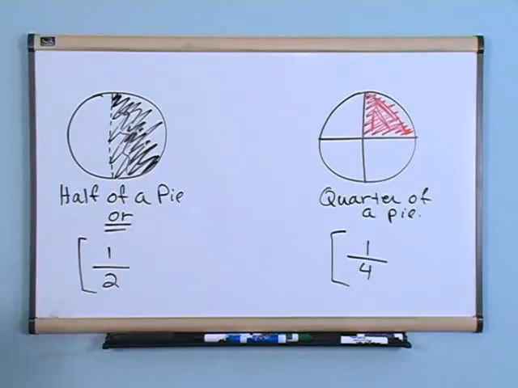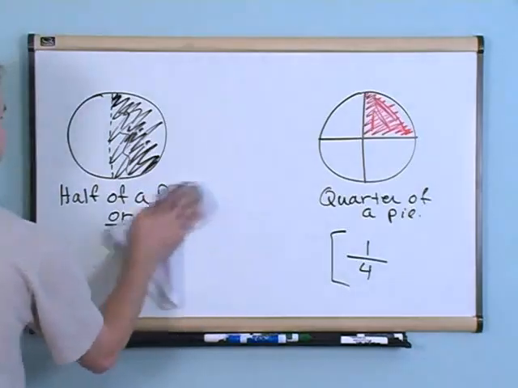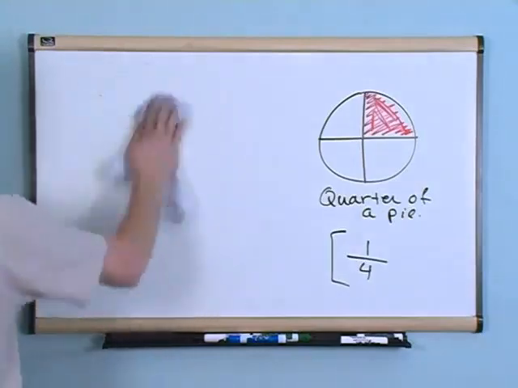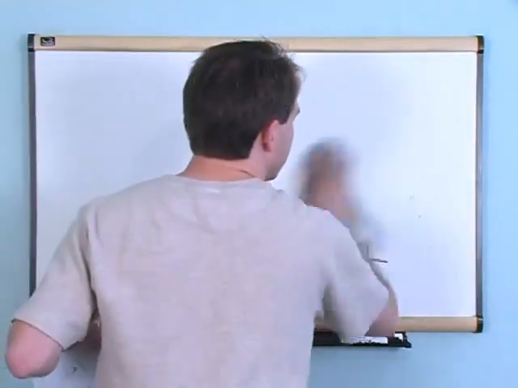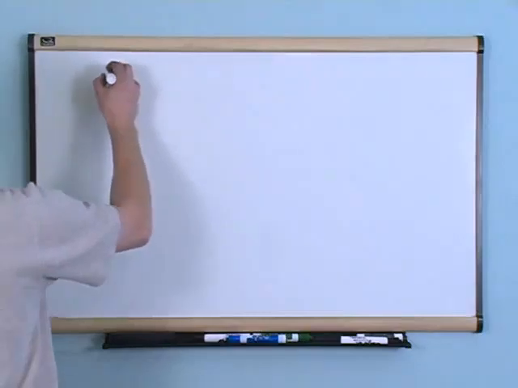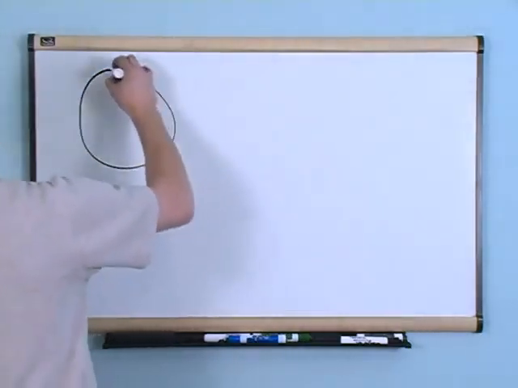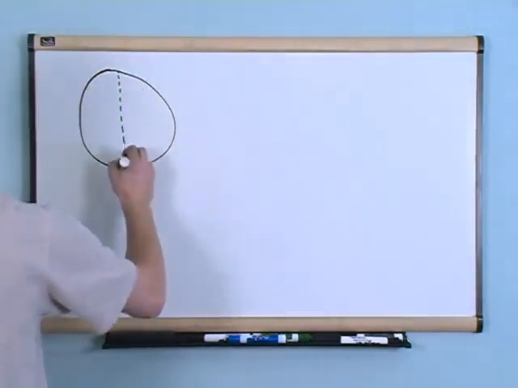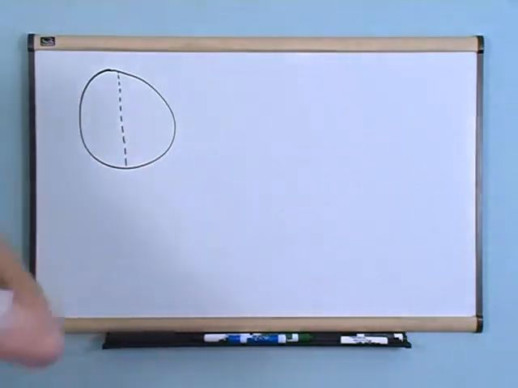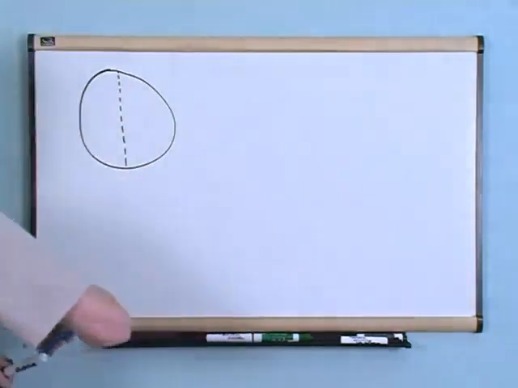All right. Now, what I want to show you next is, what if I look at this half a pie in a little bit different way? We just talked about what a half is, and we just talked about what a quarter is, okay? What if I took this pie, here's my pie, and I cut it right down the middle in half, and I'm going to use blue here because I like blue.